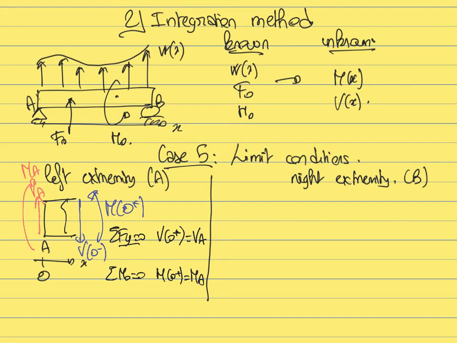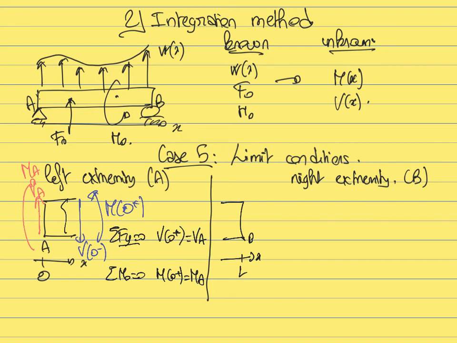Let's do the same for the right extremity now. This time I isolate the part of the beam up to the point B. For example, it can be at x equal L, but this doesn't really matter. Same thing, I'm going to define some arbitrary concentrated shear and concentrated moment that are now applied on the right, and I'm going to write them with the sign convention that you would expect for the internal shear and internal moment.